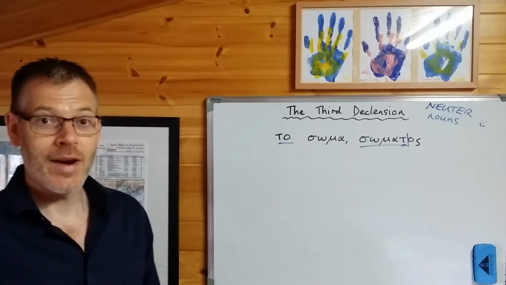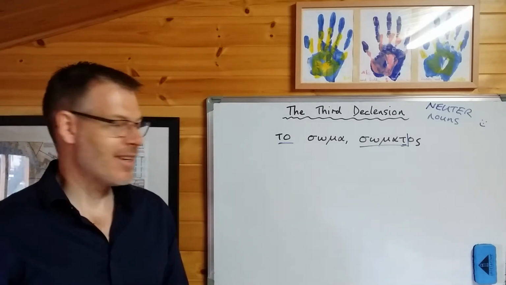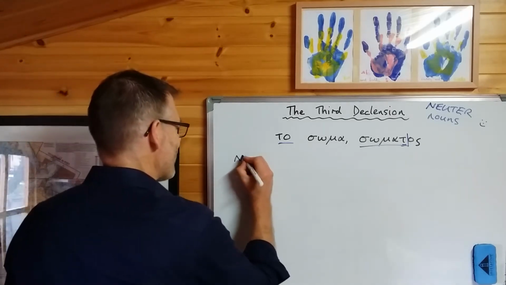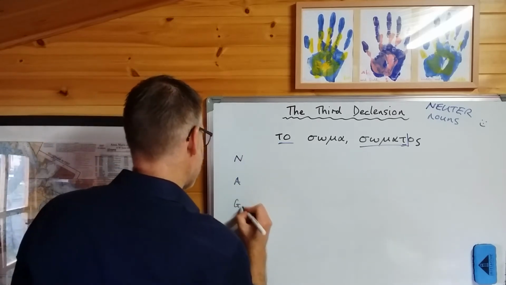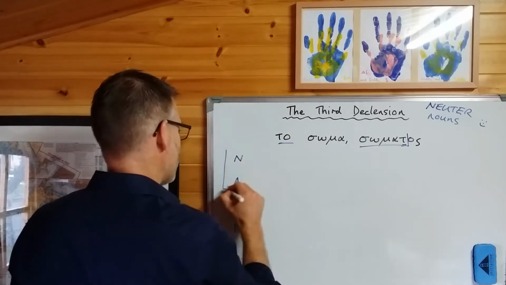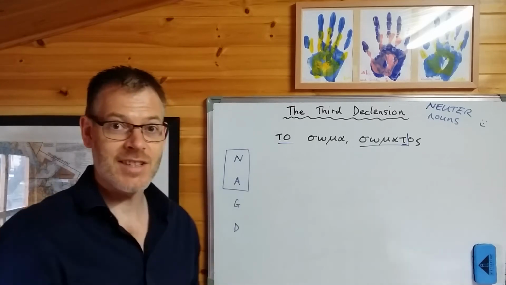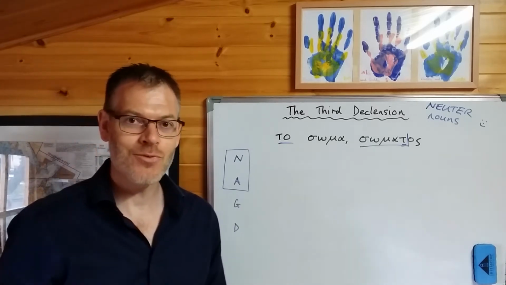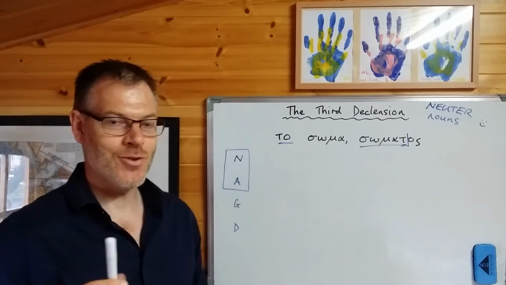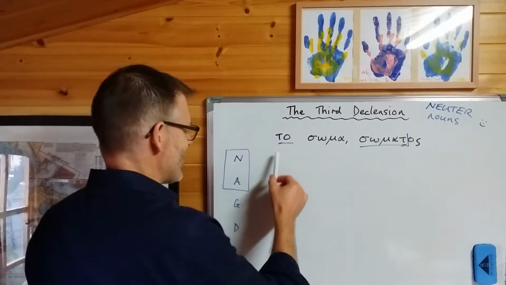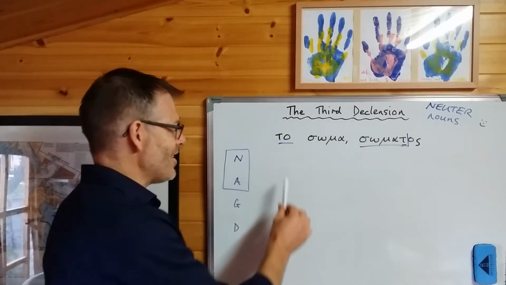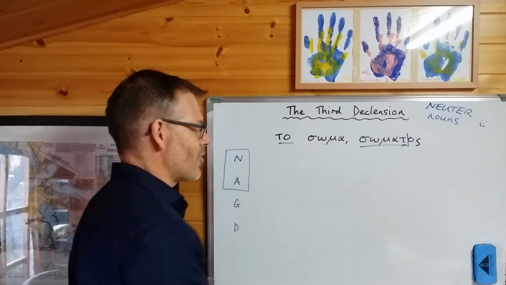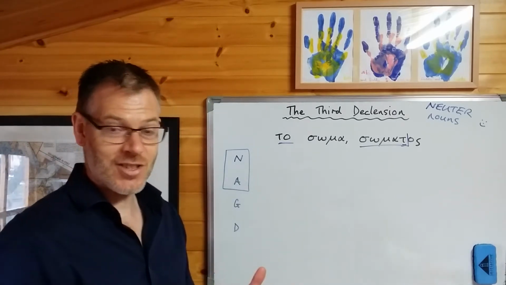Well done. We know that in neuter nouns, the nominative and accusative forms are the same. So if I tell you that, I bet you can now work out the singular form, at least, of to soma, somatos.